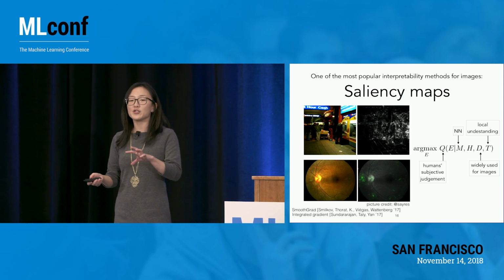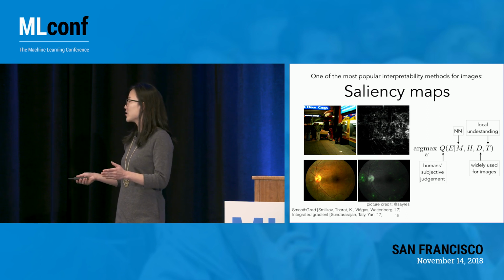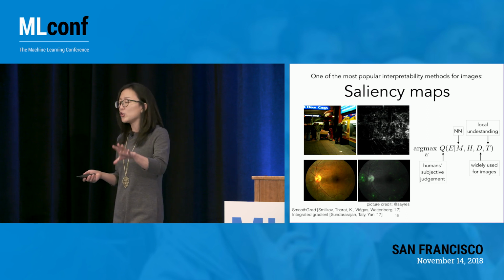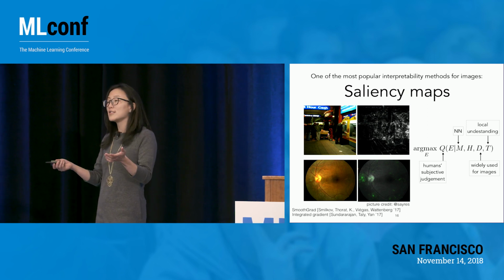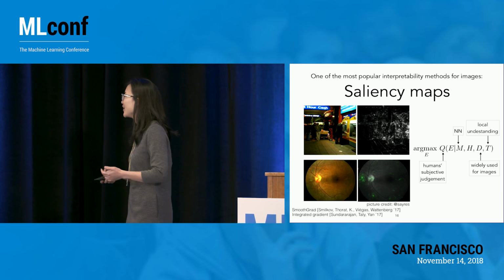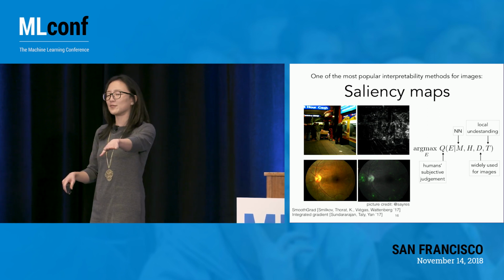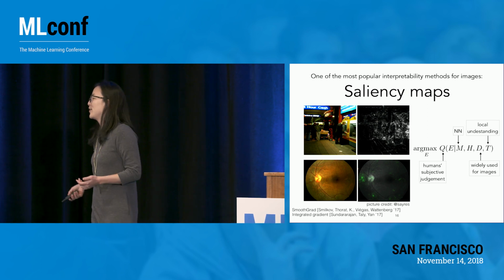And because you always have one picture that you're interested in explaining, you're interested in local explanation. Here, Q is human subjective judgment. While we have a quantitative measure of each pixel, there are just too many pixels for humans to look at. So what we're going to do instead is scan this picture and subjectively judge where the brightest parts are and where the less bright parts are.